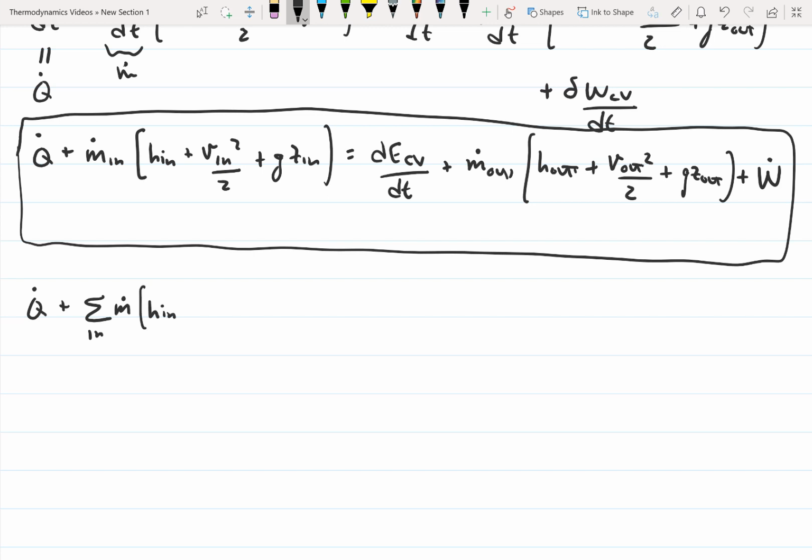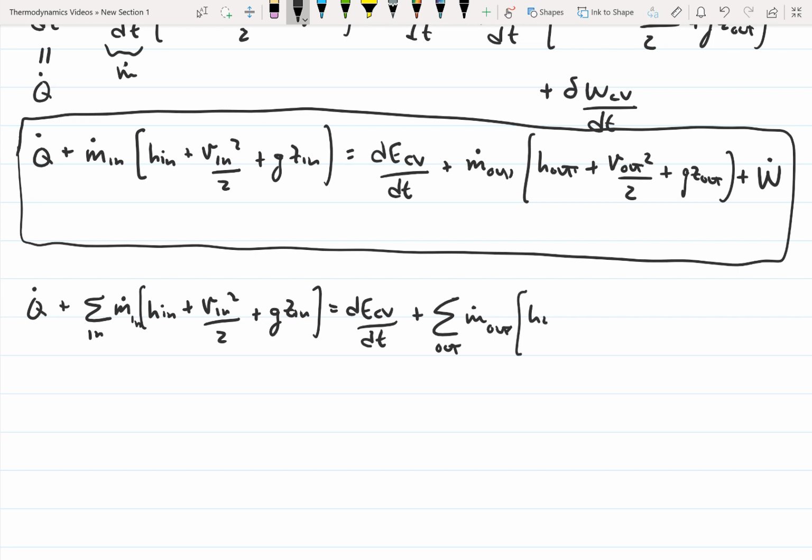So this is h_n plus V_n squared over 2 plus g z_n, is equal to dE_CV/dt plus, and then we're going to sum all of the streams out. And I should specify that this mass flow rate here is in, this one's out. And then the enthalpy plus the kinetic energy plus the potential energy, plus the rate of work.